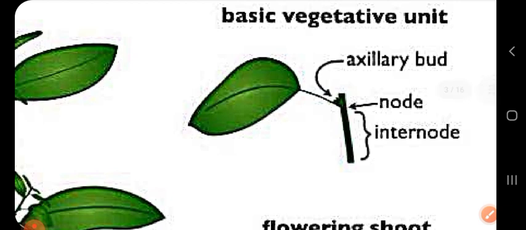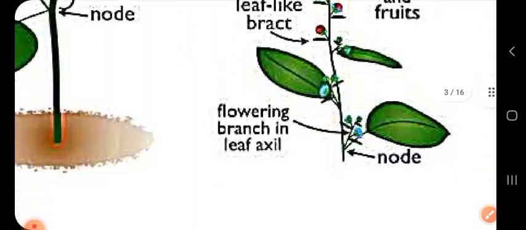You can see the node, the nodal segment, the internode, and just after the petiole, the base where the petiole is joined with the main stem of the plant, that is where the axillary bud is located. It is also a region of meristematic tissue, so we can use it for the micropropagation process.